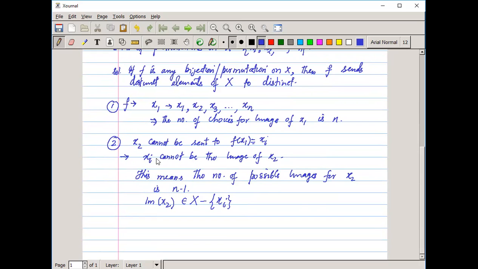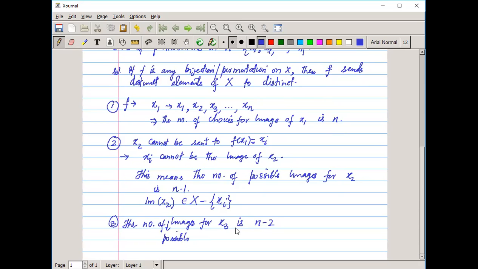Therefore the number of choices for the image of x2 is n minus 1. Similarly, in the third step, the number of possible images for x3 is n minus 2.